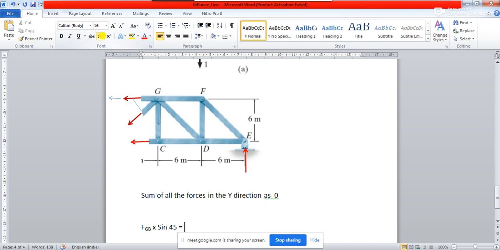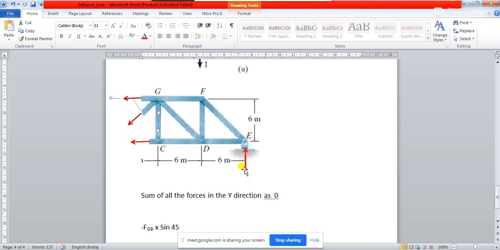FGB sine 45 degree is acting in the downward direction, and if you consider the y direction upward as positive, then the downward direction we take as negative, so we put a minus sign in front of it: minus FGB sin 45, acting downward.